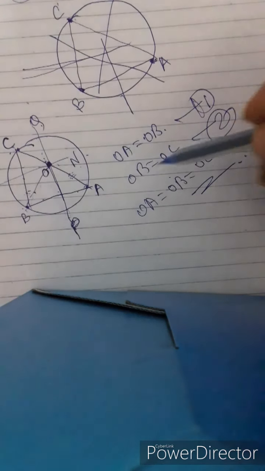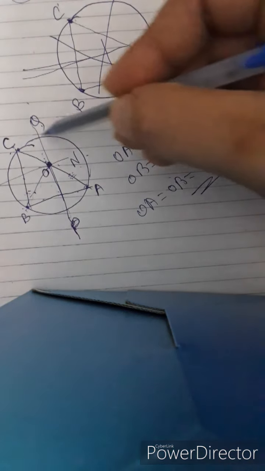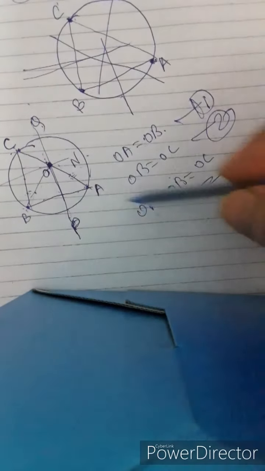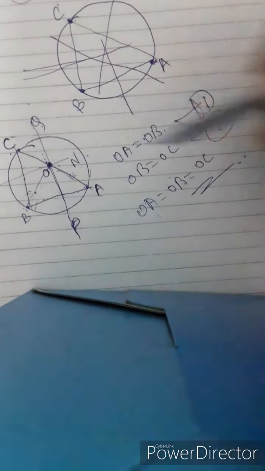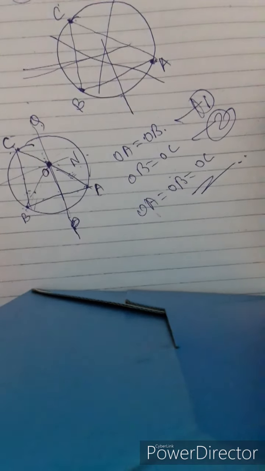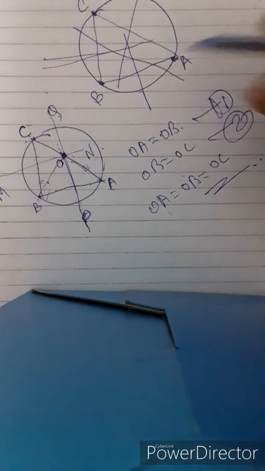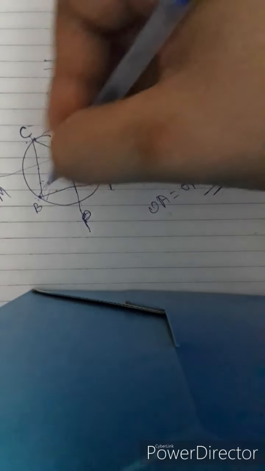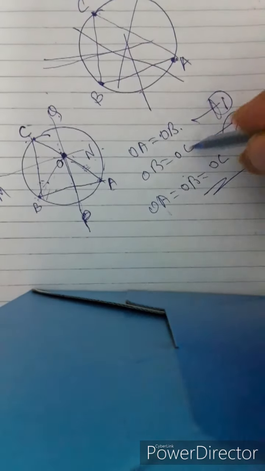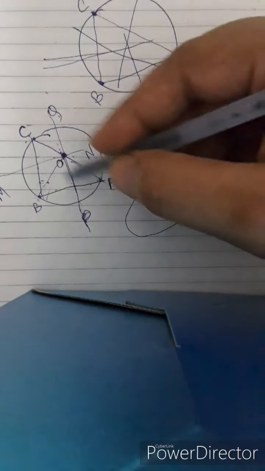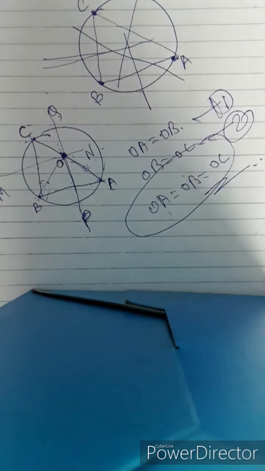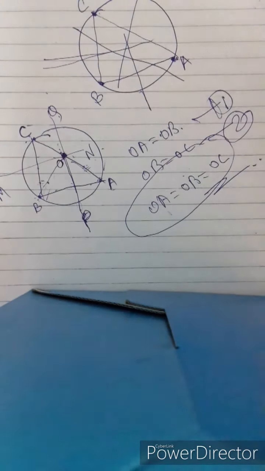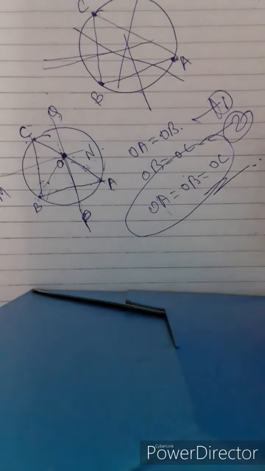As a result, we get that this is a circle with center O and radii OA, OB and OC. So it is automatically proved that only one circle with center O and radii OA, OB and OC can pass through the 3 points A, B, C which are not on the same straight line. It is proved.